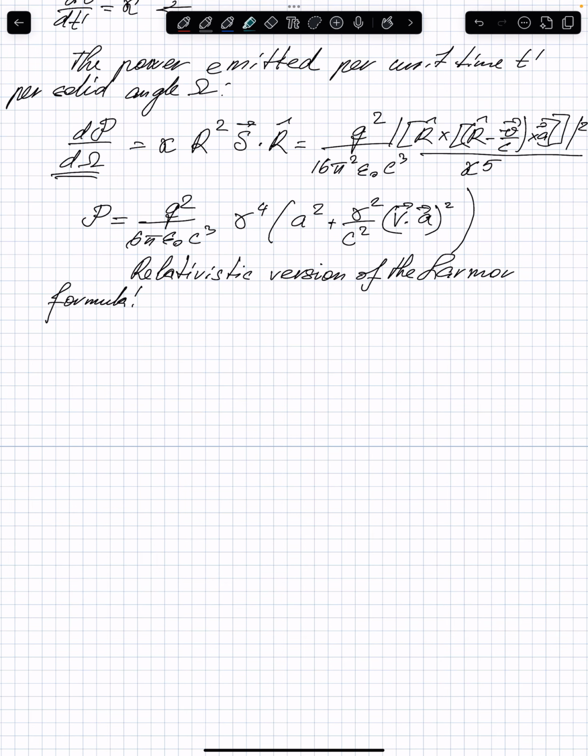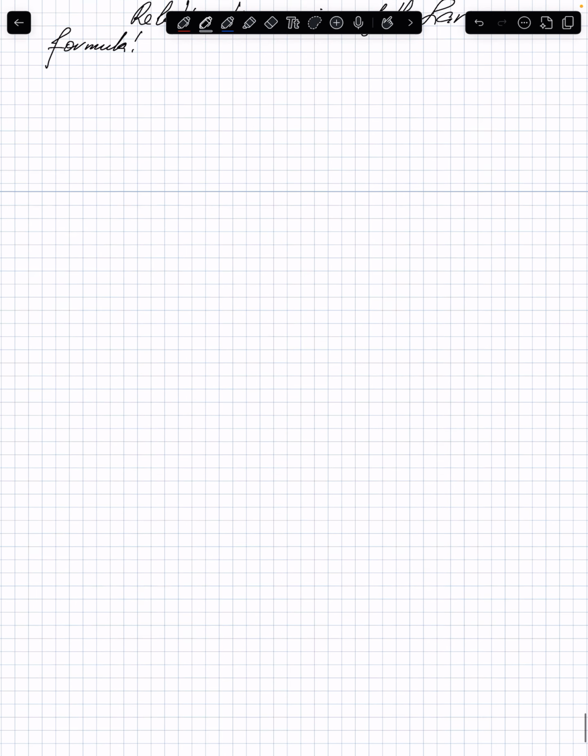Okay, we're going to use both expressions, for the distribution of the power over the solid angle and for the total power, in a little bit for different setups. So let's consider the first one. Let's consider what is called Bremsstrahlung.